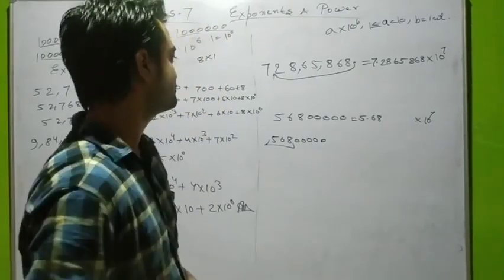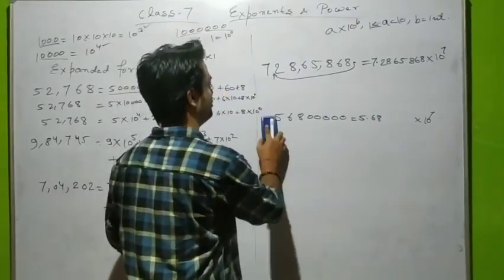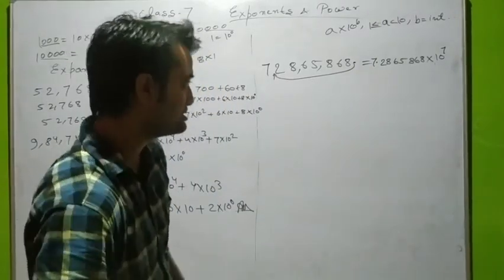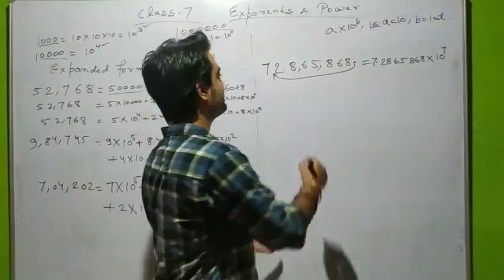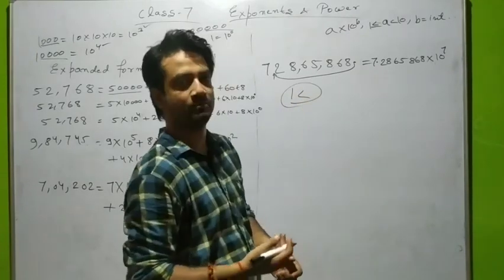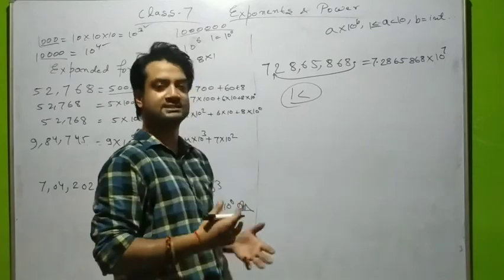Now you have understood how to write numbers which are greater than 1 in standard form. What about numbers which are less than 1?